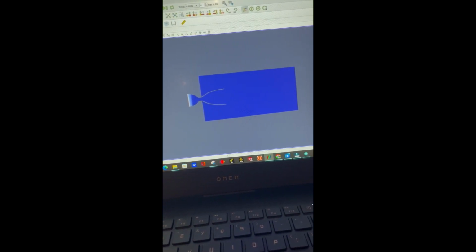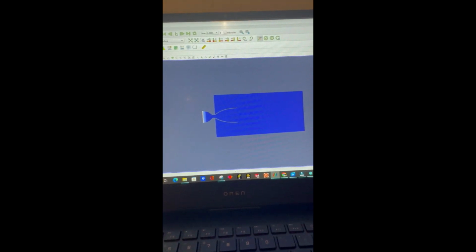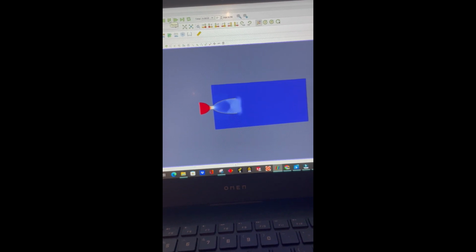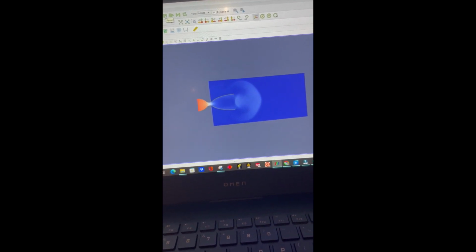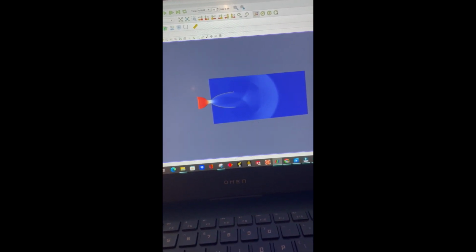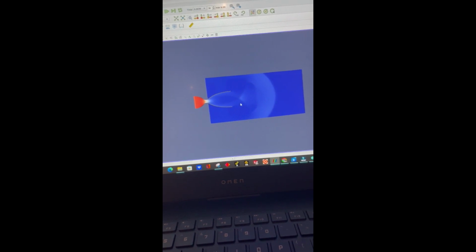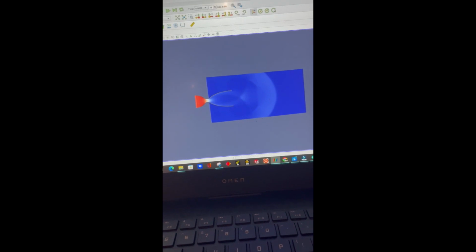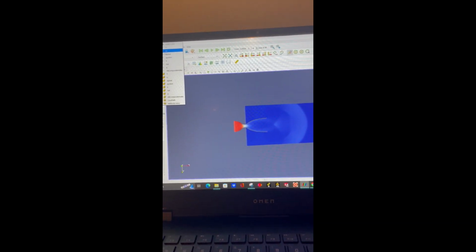First, let us start by plotting our pressure. You can clearly see the shock waves generated here. Now let us go on and check our velocity.